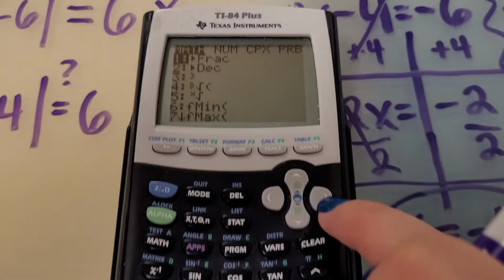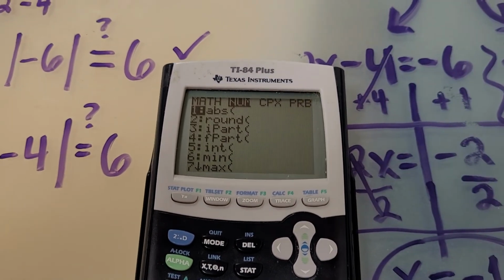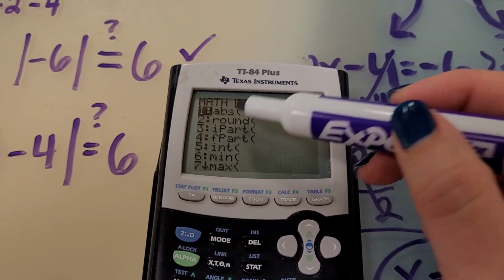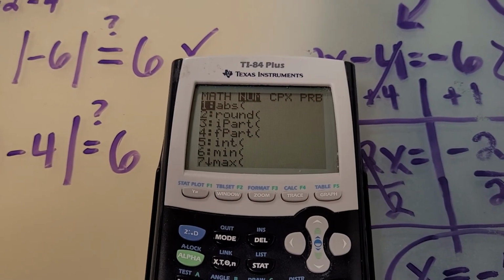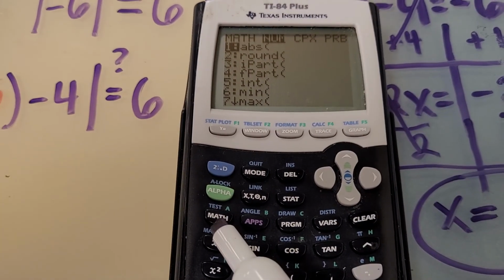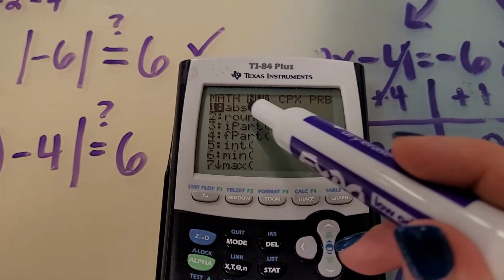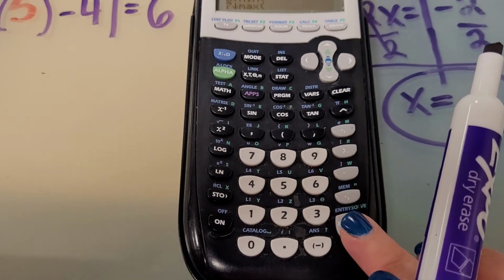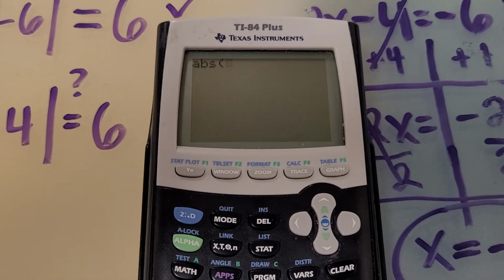So you're going to use the right arrow key to go over and highlight this number menu. And when you're on the number menu, option number 1, the very first one says ABS. That's absolute value. So you press math, then use the right arrow to go to number, and while it's there on ABS, you just hit enter. And it will take you back to your calculator regular screen.